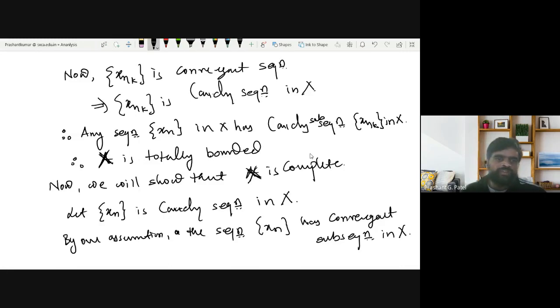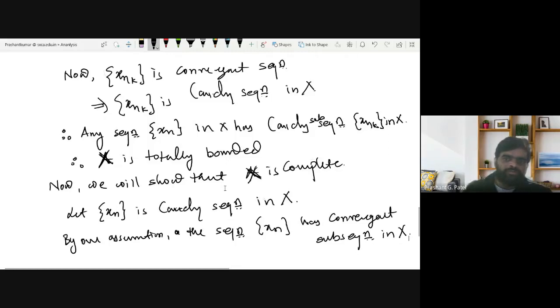So obviously this is a Cauchy sequence, and we have proved one result, that if a Cauchy sequence has a convergent subsequence, then it is complete. Or one can give the argument that a Cauchy sequence with a convergent subsequence automatically converges to the same point.